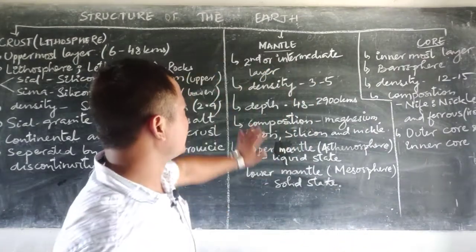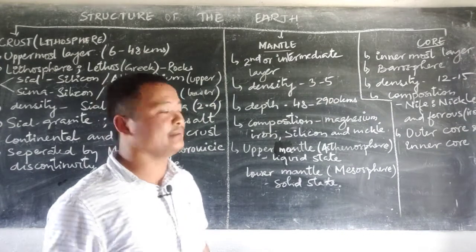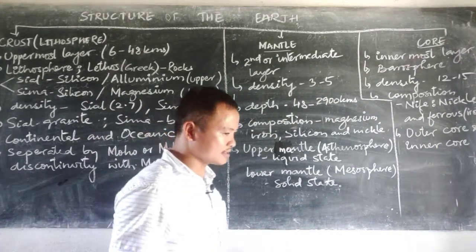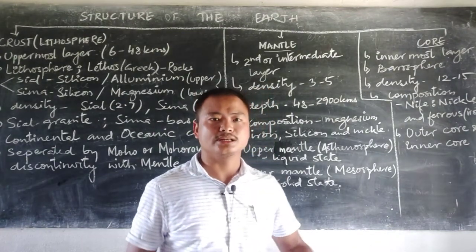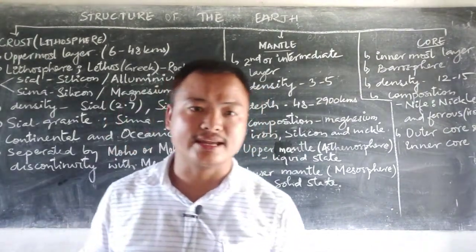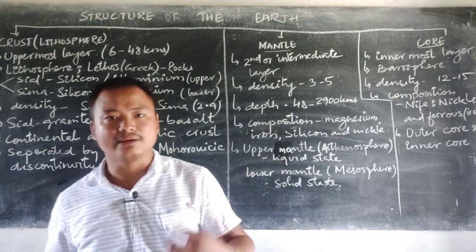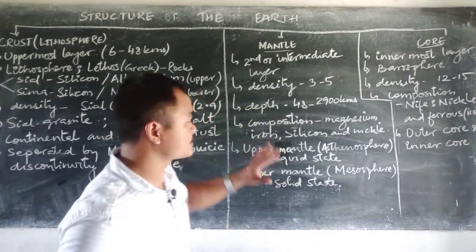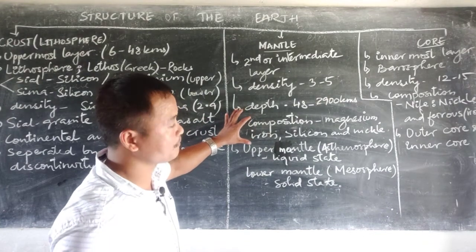So the mantle is the second or intermediate layer next to the Earth's crust. Usually when we see volcanic activities taking place, the molten magma that comes out of the Earth's interior onto the surface is from the layer of mantle.